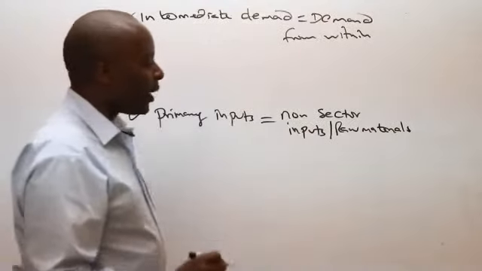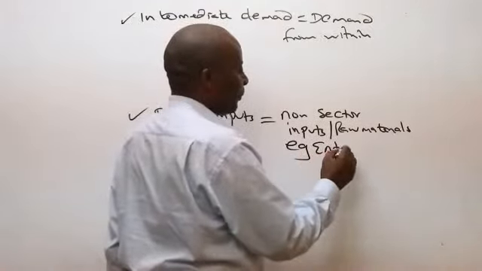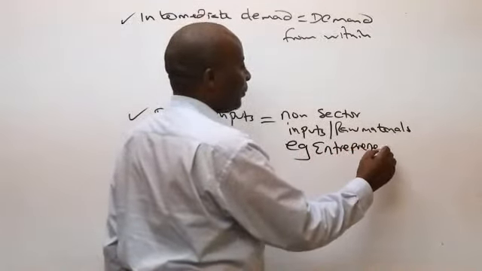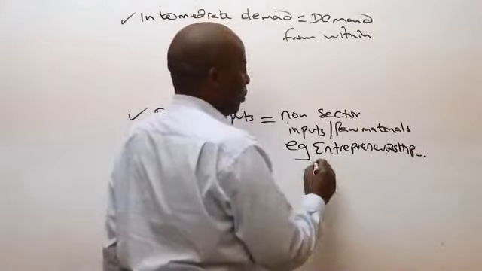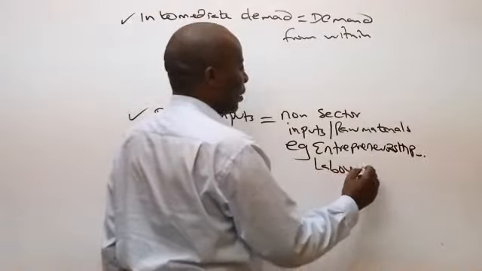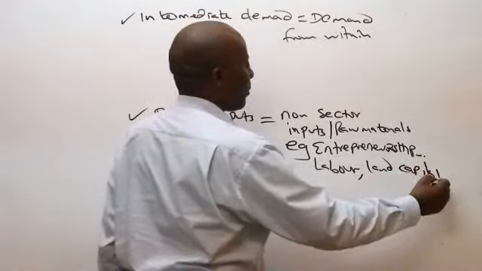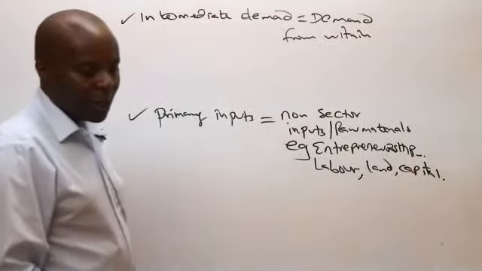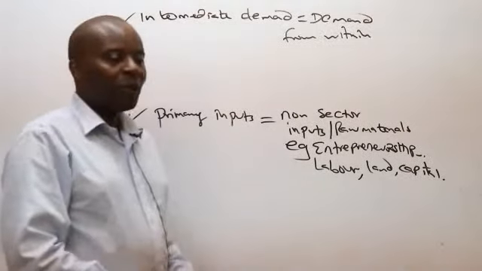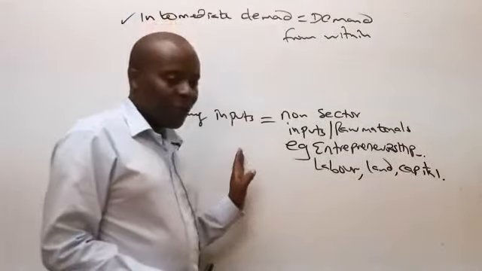A very good example will be entrepreneurship. We have labor. We have land. We have capital. There is no sector that produces these things. So we have to lump them together under what we call the primary inputs.